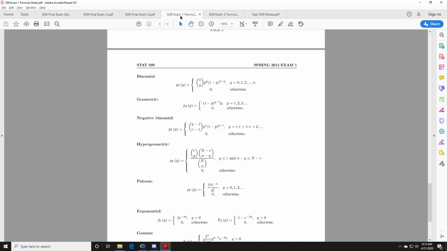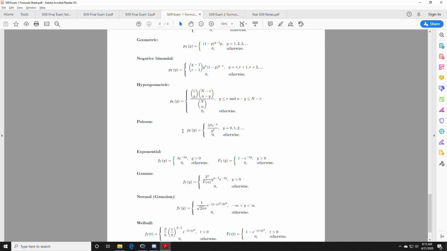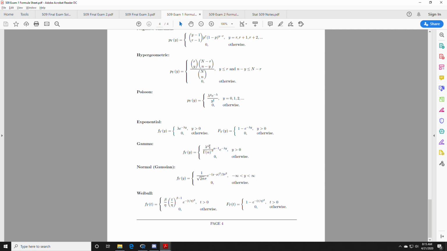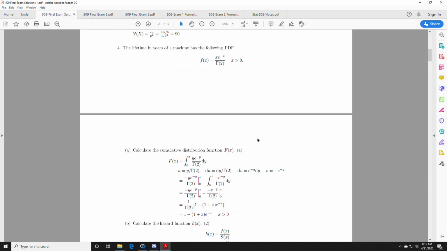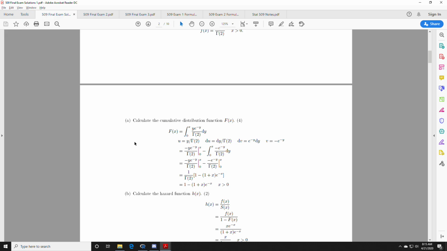So it looks a lot like this. This is actually a gamma distribution, but it doesn't say it's a gamma distribution. Anyway, calculate the CDF of the gamma distribution.